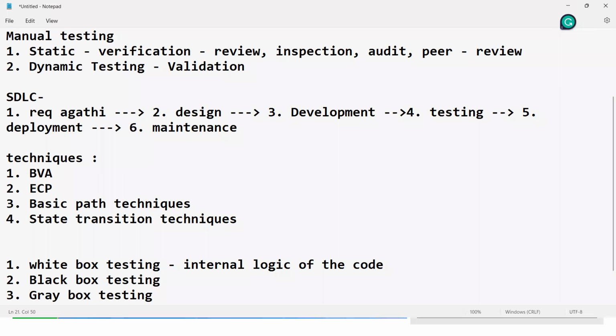Why can't we use the developers for testing purposes? It's also an interview question. They would ask this question. Sir, we have experts in the development team. They know in and out about the application, so we can leverage developers for testing also. Can we do that?